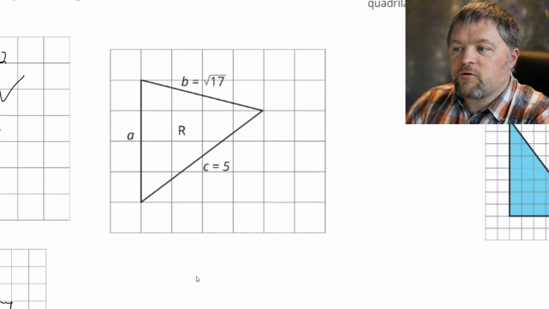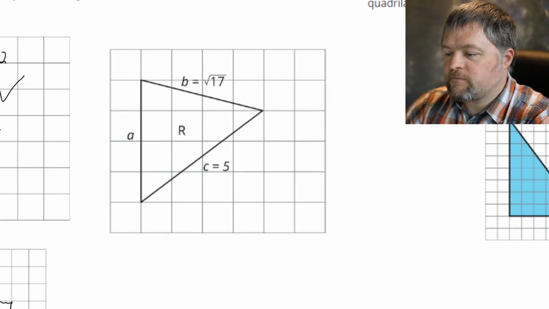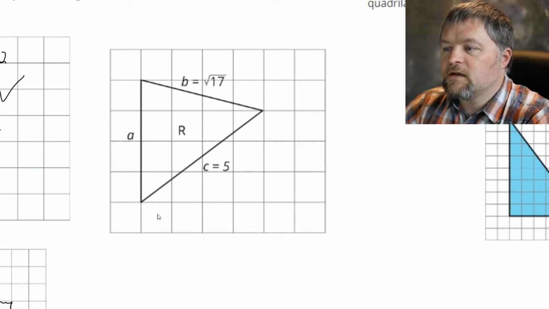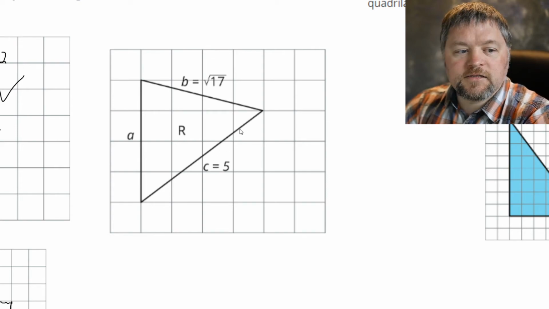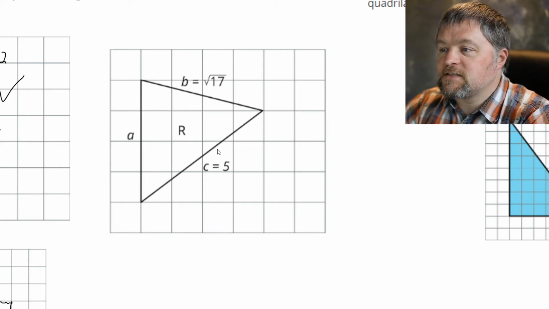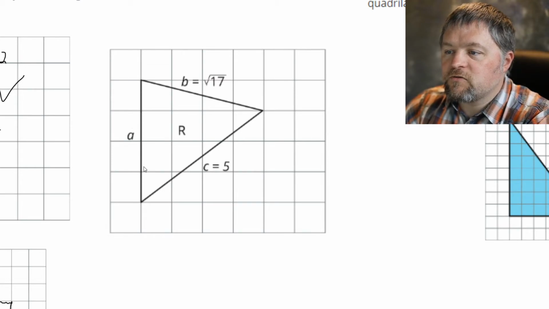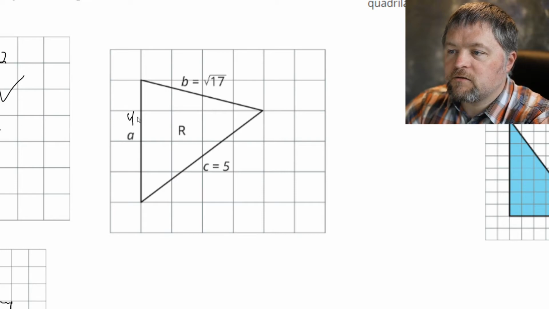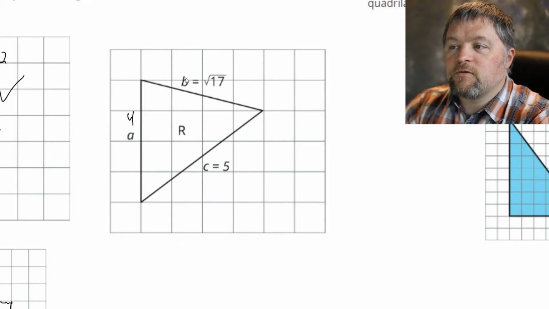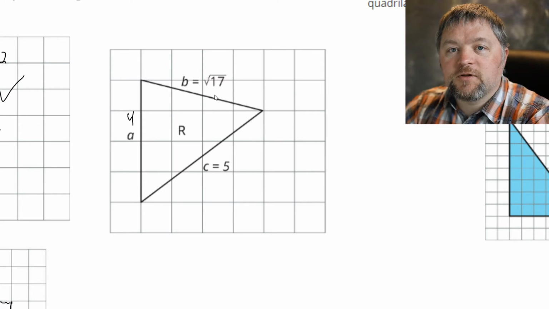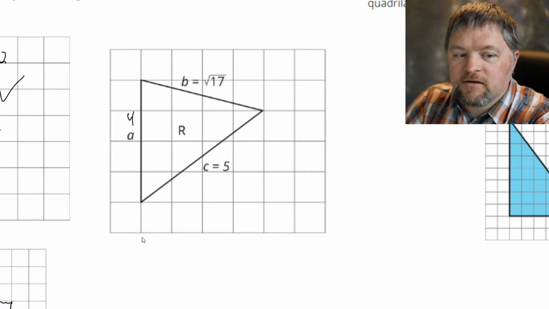Okay, we have one more triangle here. The length of side C is 5. The length of side B is equal to the square root of 17, and side A right here is 1, 2, 3, 4 units. So now we want to again find out if A squared plus B squared equals C squared.